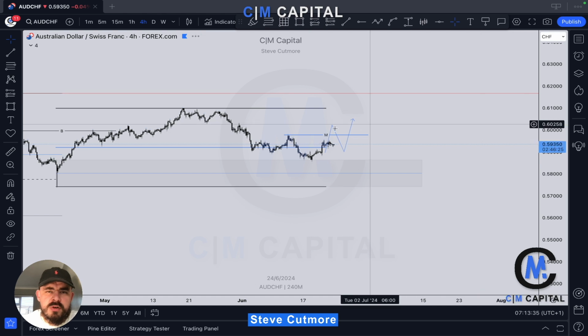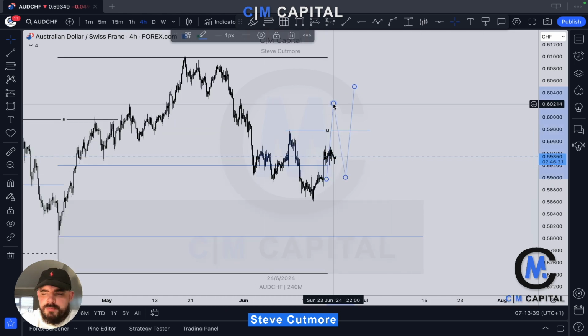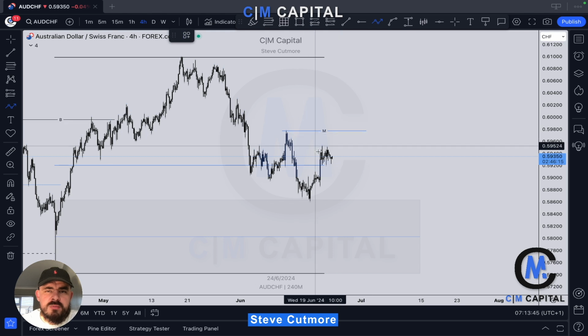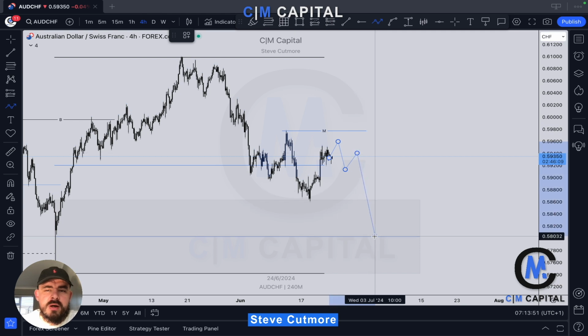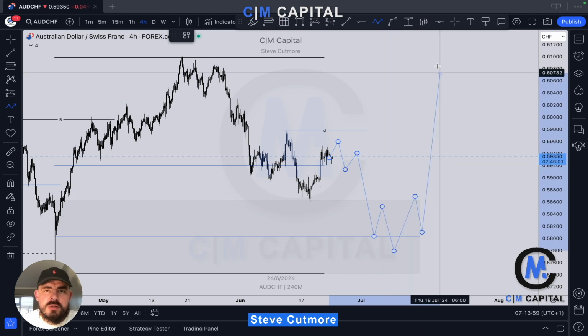So I've marked out this high here based on the 4 hour, because we need to wait for this level to be broken. If this level doesn't break, which we are consolidating as we speak, we could come lower into this demand zone before pushing up and then getting our entry.